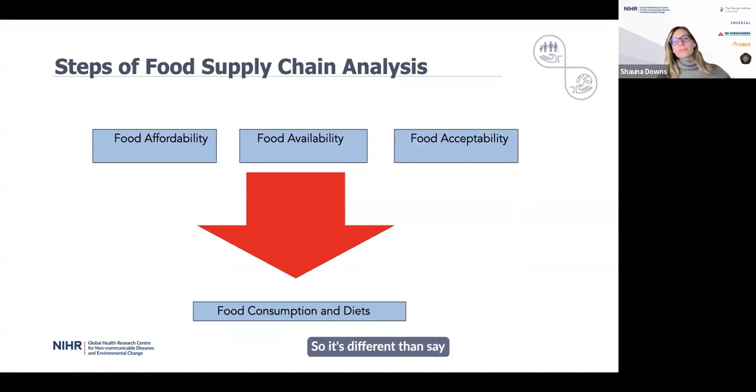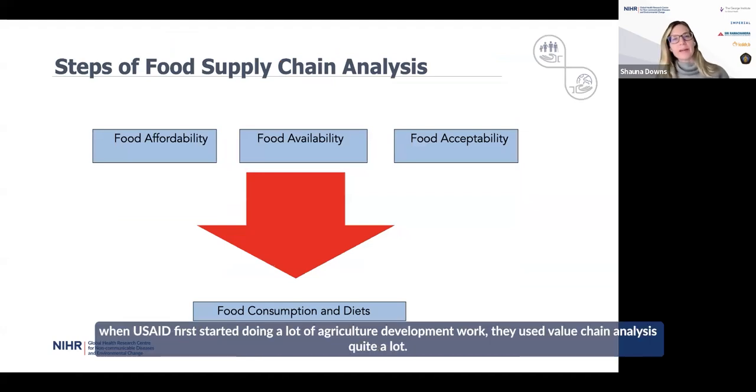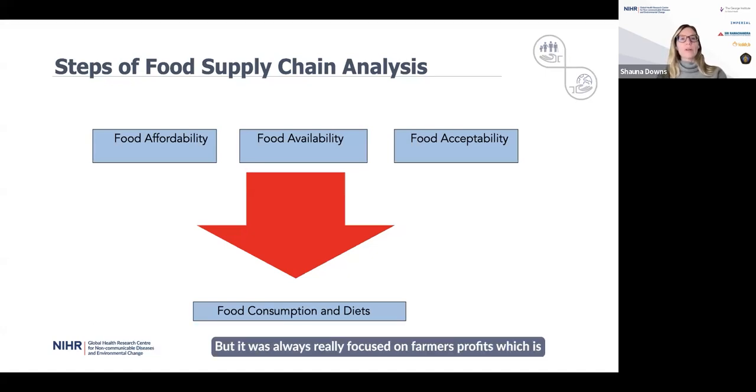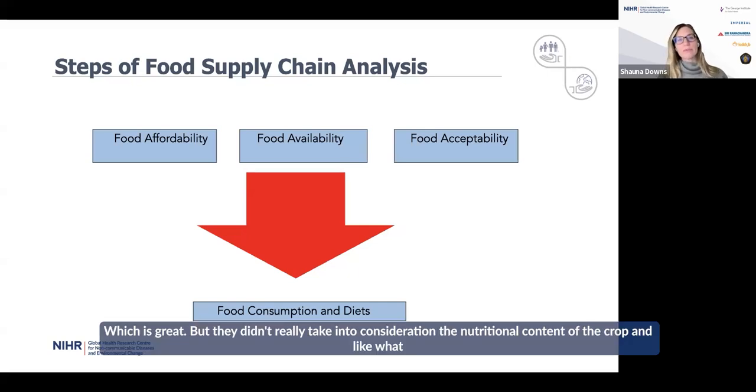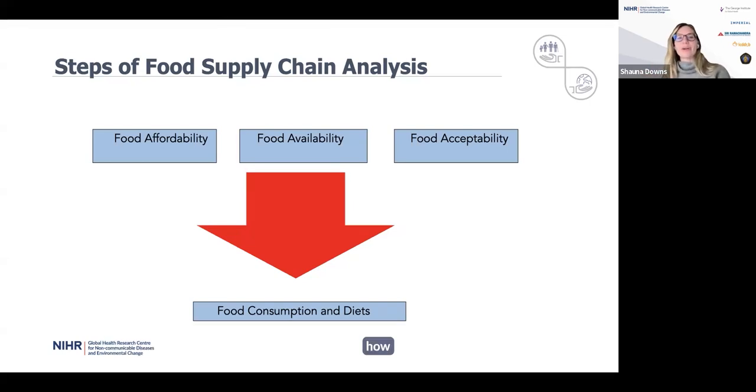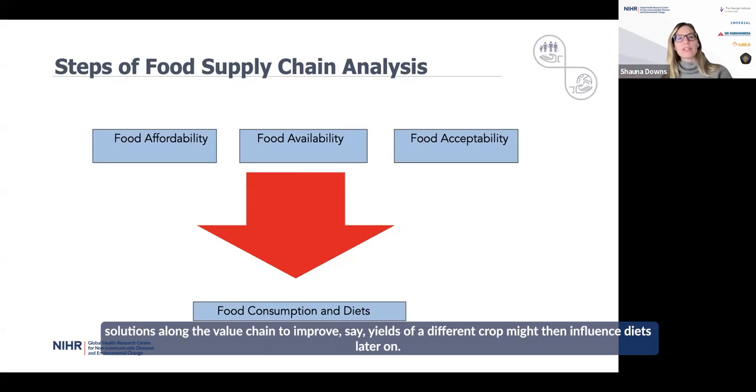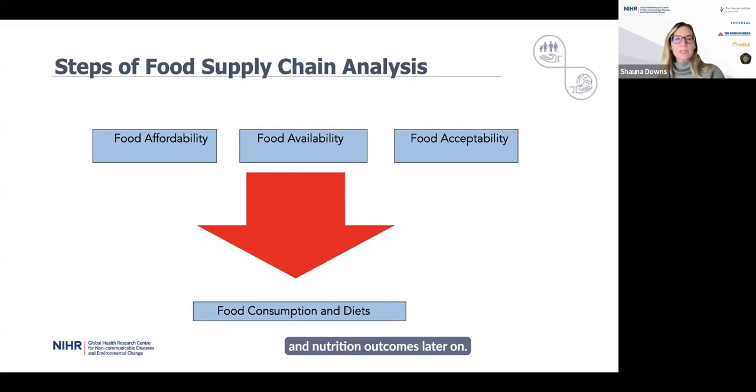So it's different than, say, when USAID first started doing a lot of agricultural development work. They used value chain analysis quite a lot, but it was always really focused on farmers' profits, which is great. But they didn't really take into consideration the nutritional content of the crop and how these different solutions along the value chain to improve, say, yields of a different crop might then influence diets and nutrition outcomes later on.